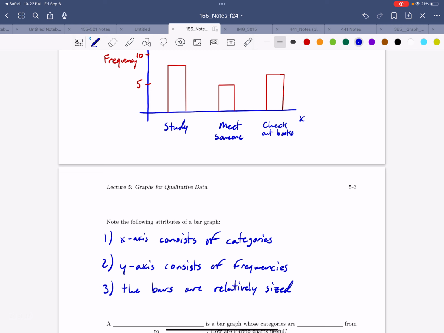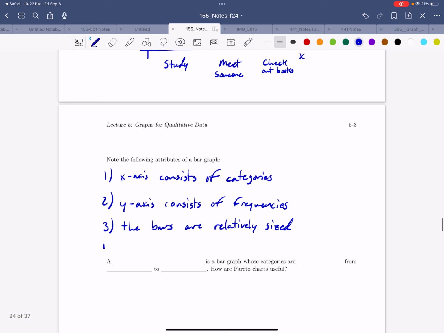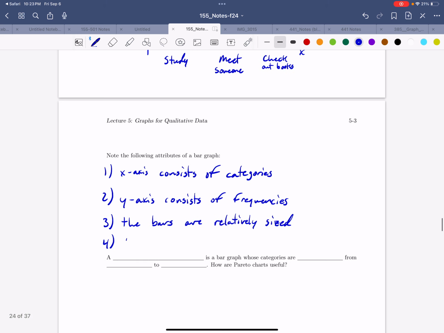Right? They are proportional to each other. And then last but not least, the bars do not touch. If you're saying, no, I've seen a bar graph where actually the bars did touch, no, you saw a histogram. A histogram is a kind of bar-ish graph where they touch, right? Again, we'll do that in another section.